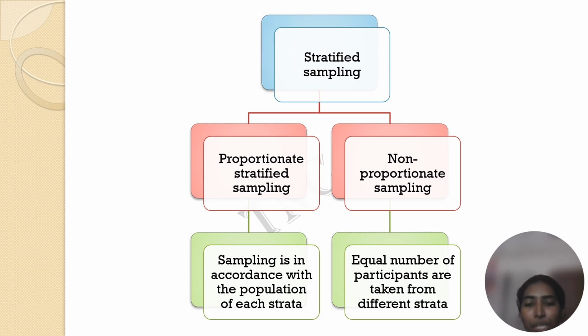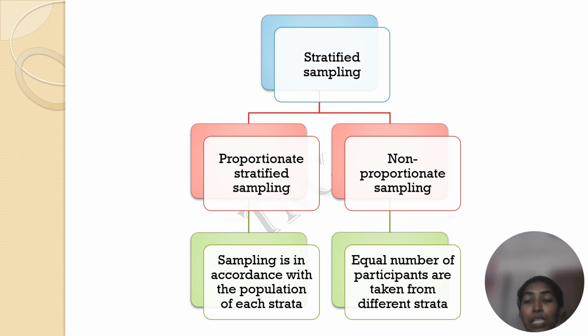Proportionate stratified sampling is in accordance with the population of each strata. For example, you have 1000 women, 2000 children and 10,000 men, then you will be selecting the sample according to their population size.